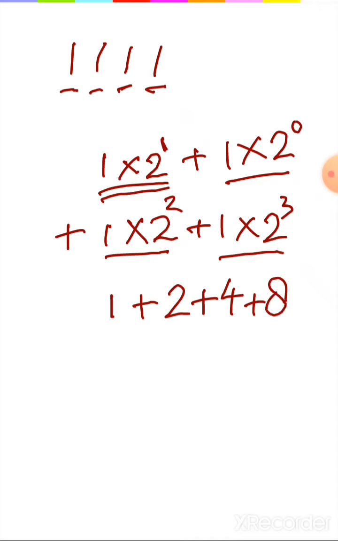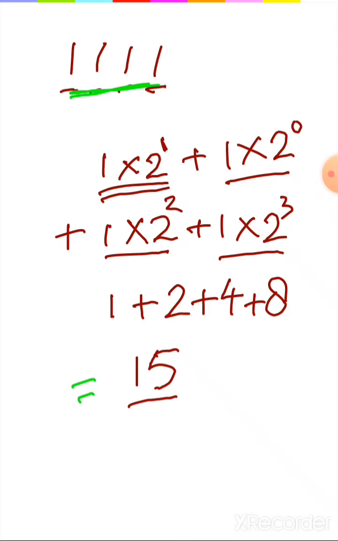So 8 plus 4 is equal to 12, 12 plus 2 is equal to 14, plus 1 is 15. So the binary number 1111 in decimal is equal to 15.